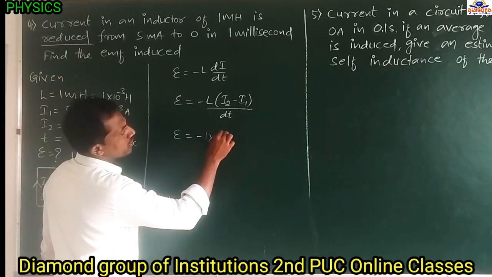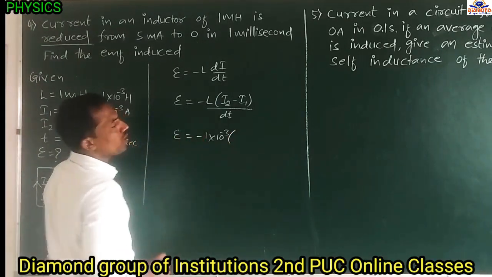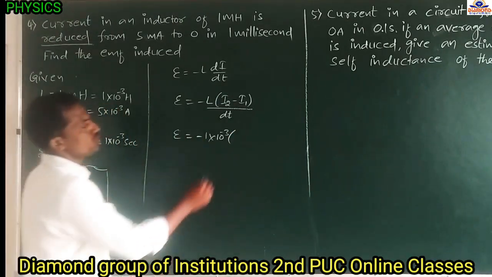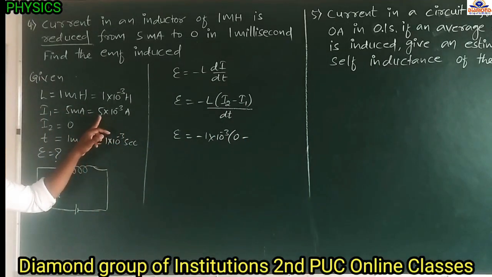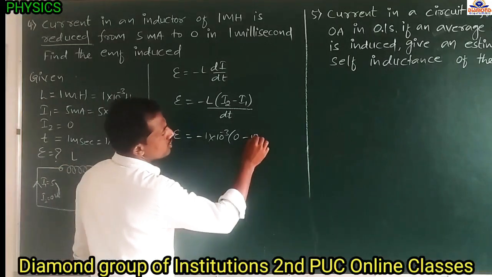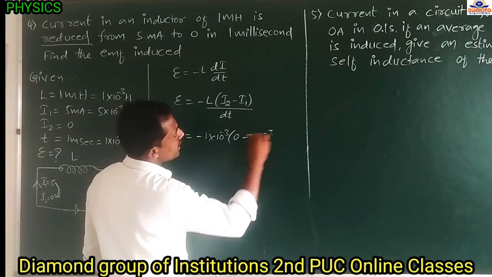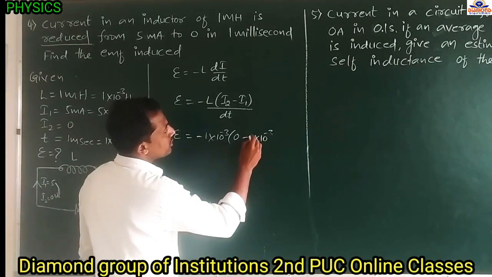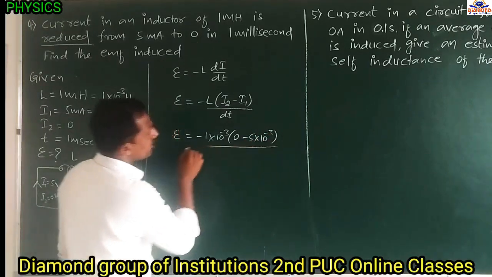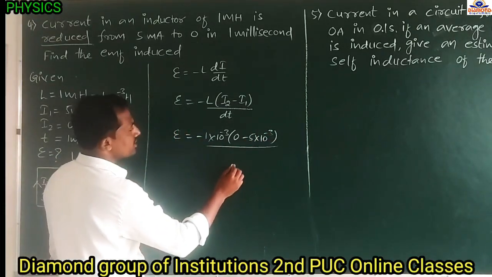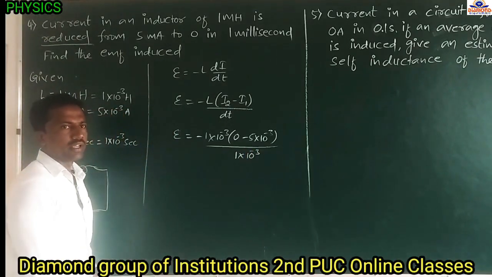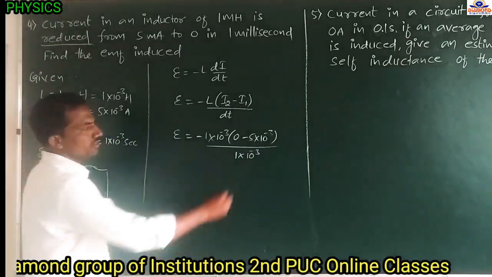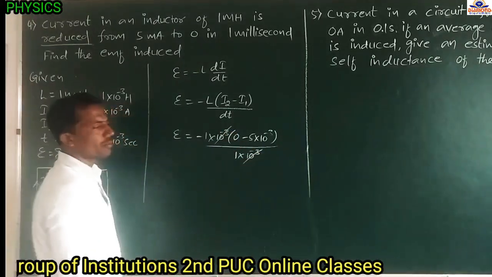We write 1 into 10 to the power of minus 3 into I2, which is 0, minus I1. What is the I1 value here? 5 into 10 to the power of minus 3, divided by dt. The time value is 1 into 10 to the power of minus 3. The 10 to the power of minus 3 gets cancelled. Then we get minus, 0 minus 5, which is minus 5 into 10 to the power of minus 3.